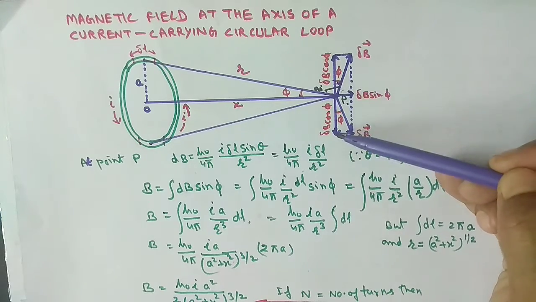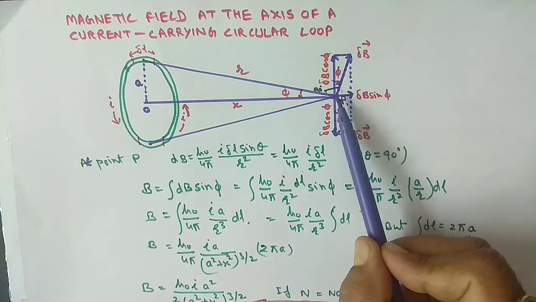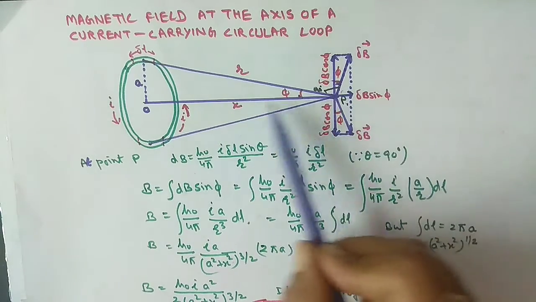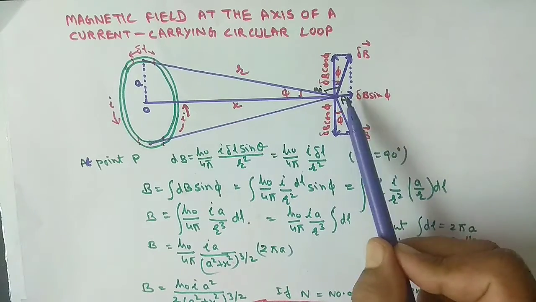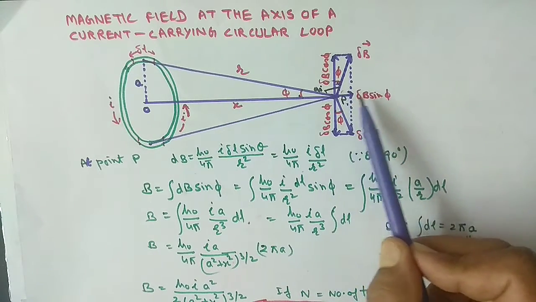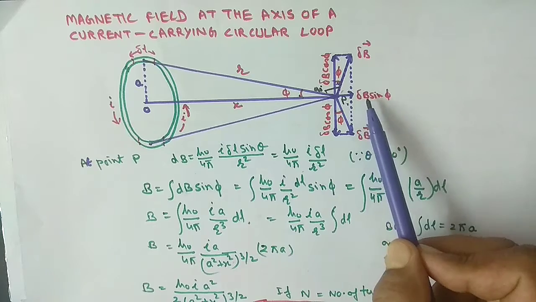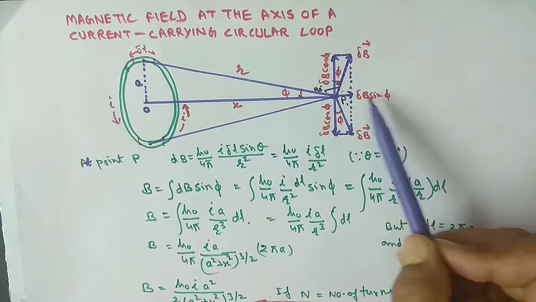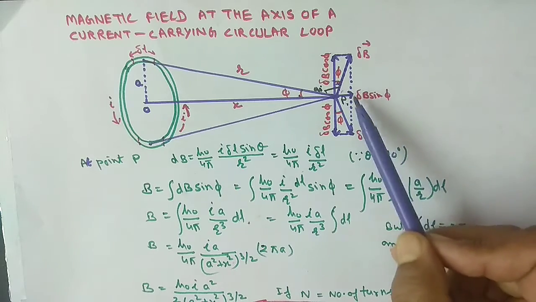The components along the axis will all be added up. The total effective magnetic field due to this entire current carrying loop will be the integration of dB sine phi.